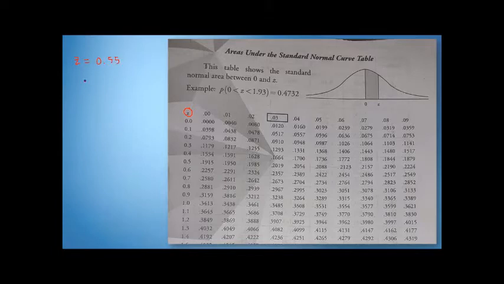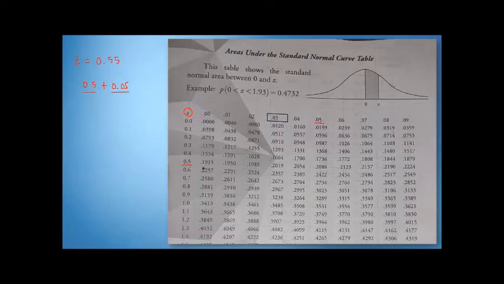So sa first column, hanapin natin ay 0.5. Then yung sumunod, yung i-add nating decimal is 0.05. Ayan. So, di ba ang 0.55 ay katumbas ng 0.5 plus 0.05. So, sa first column, hanapin natin yung 0.5. And then, sa taas naman, hanapin natin yung 0.05.